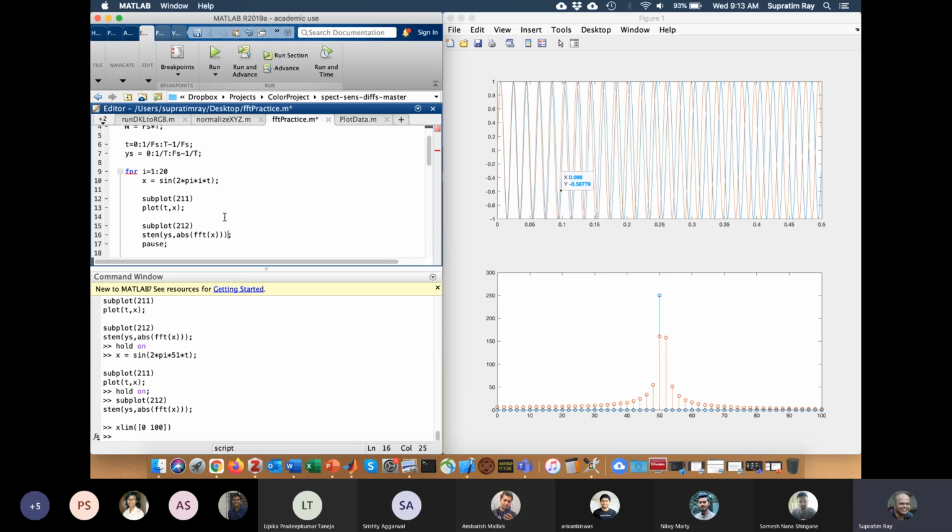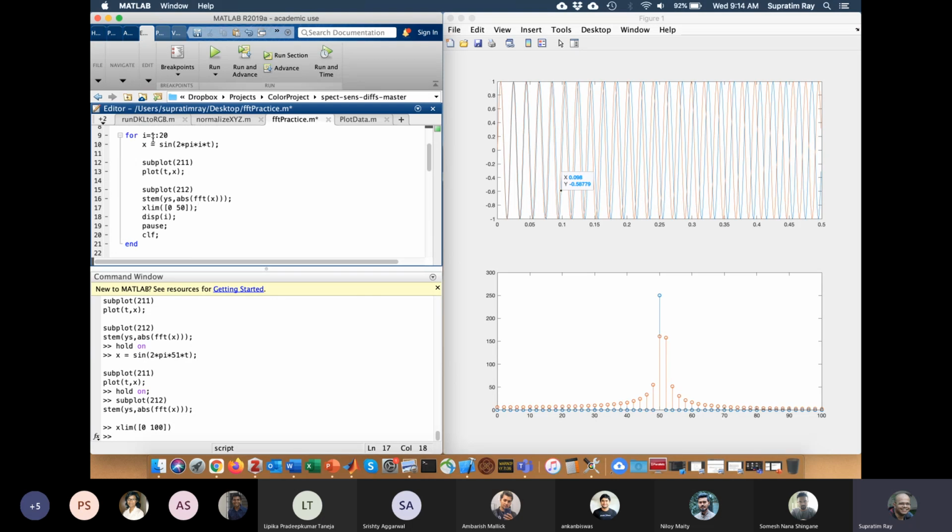I'll display what i is, pause, clear the figure, and then do this. And here let me just do xlim between 0 and 30. Let's say 0 and 50. So let me run this.